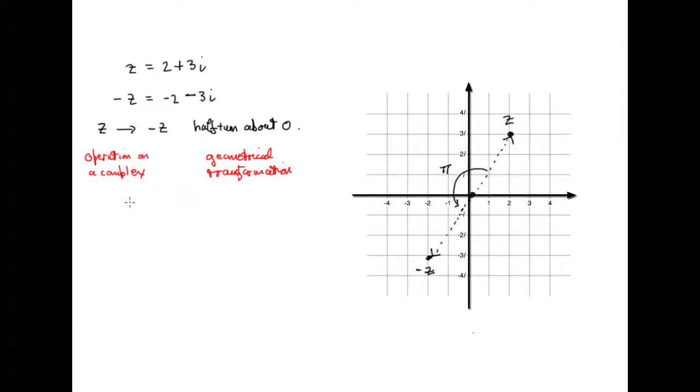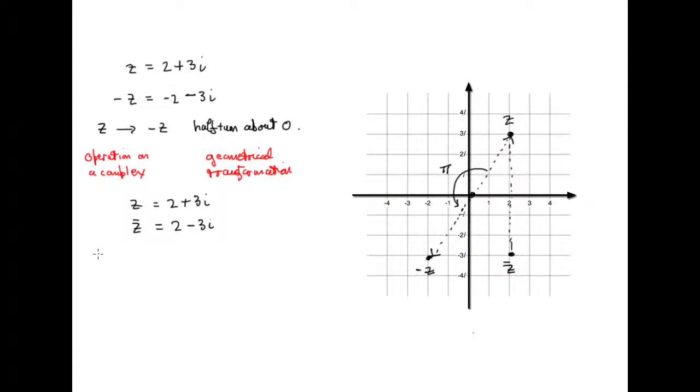Let's now look at the complex conjugate of 2 plus 3i, and we know that's 2 minus 3i. The real part remains the same. The imaginary part, you change signs. Where is it in the diagram? Here it is down here. There's z bar. And you'll notice that what we've done this time is reflected that point which corresponds to z in the real axis.